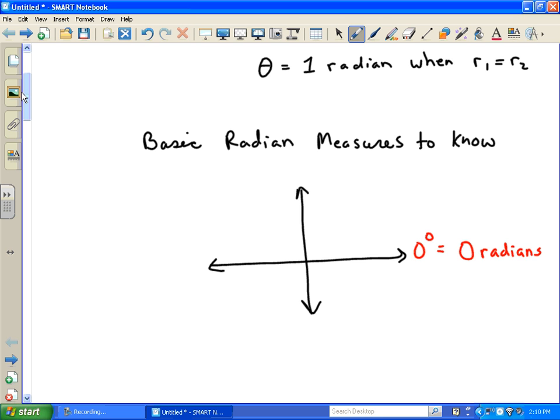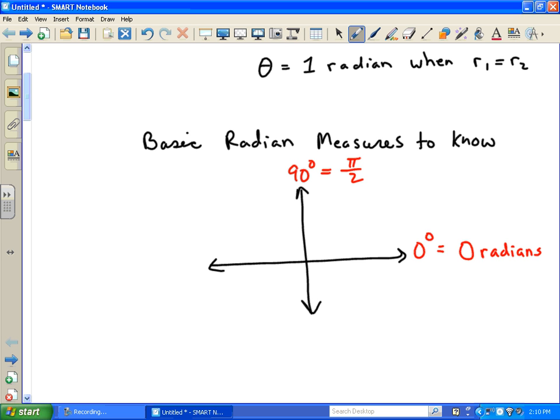If you have no unit, in other words, if we just say 0 by itself, then that 0 is understood to be in radians. The next quadrantal degree measure we have is 90 degrees. You see that the units are on that, so it's obviously in degrees. That, it turns out, is equivalent to pi over 2 radians.